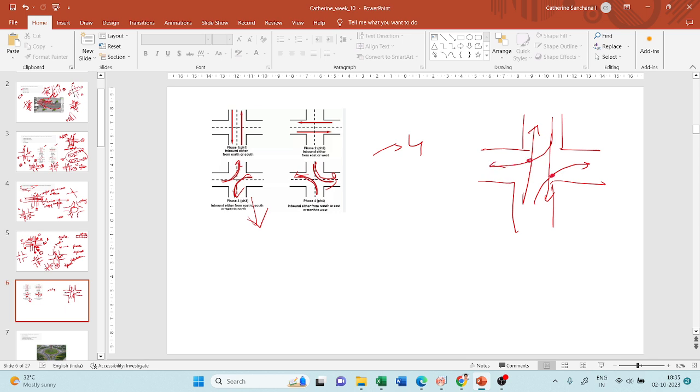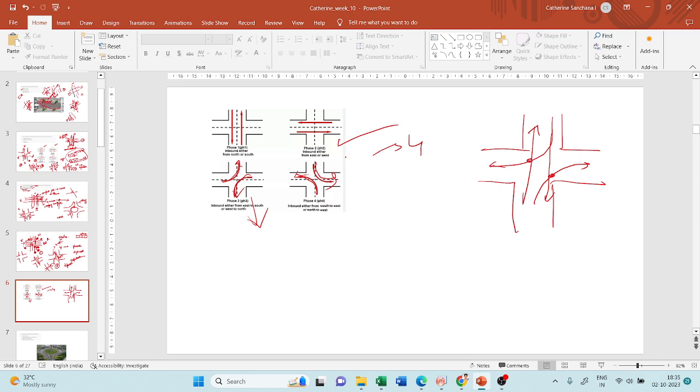So which is better? The conflict points will be minimized when you have a signal with more than two phases. This can be a three-phase also. They can make it a three-phase depending upon the volume of through vehicles and turning vehicles, right? So it can be 2, 3, 4, etc., of which 2 is the least number of phases that could be provided.